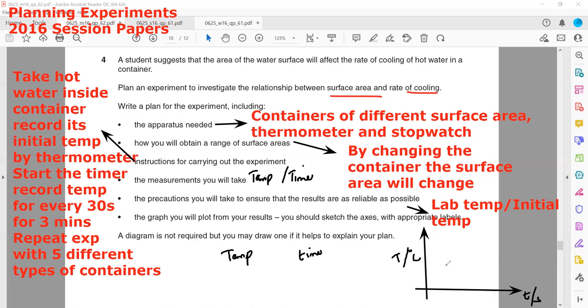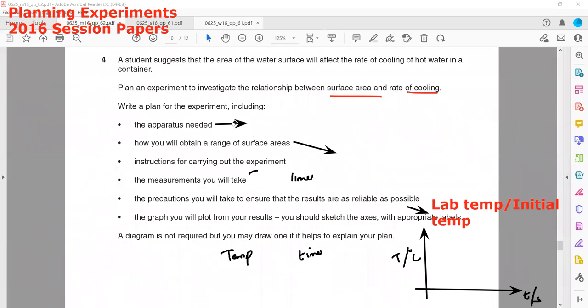We don't have to sketch any line here. We just have to sketch the axes. You don't have to sketch the result here as you don't have any values. So this was the experiment from the Feb-March session.